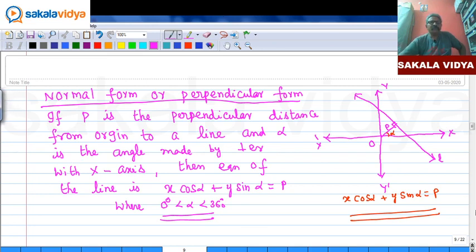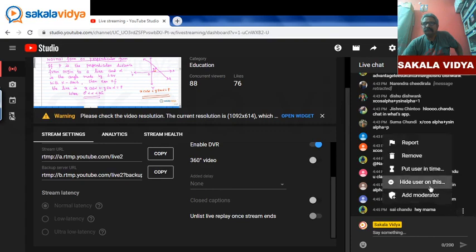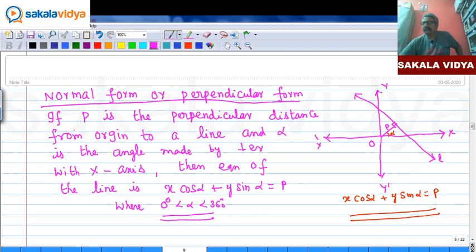So, just check it now, this is very very important. X cos alpha plus y sin alpha is equal to P, right.